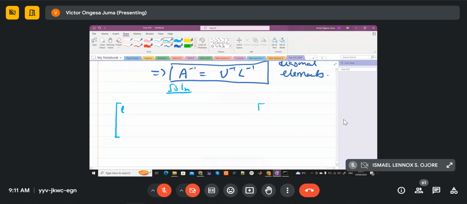No, give us matrix A. To illustrate, let us only do 3 by 3. It's enough to illustrate.